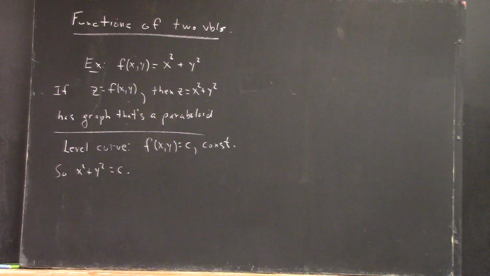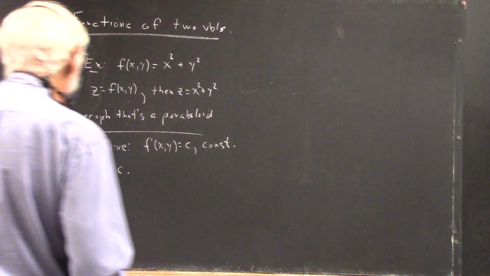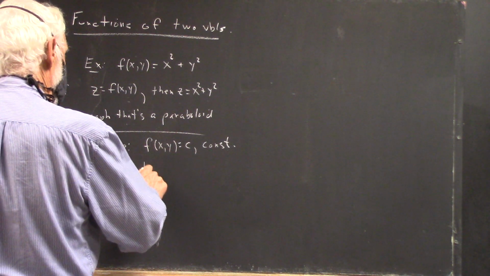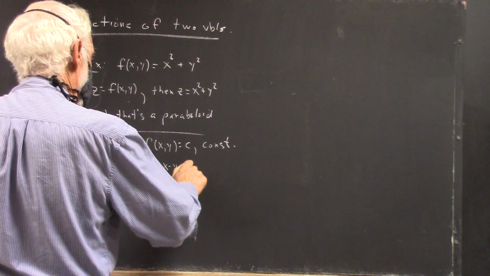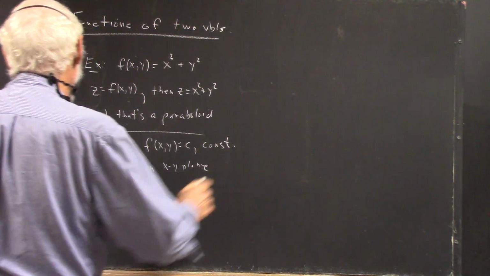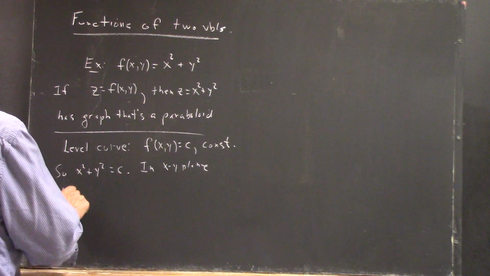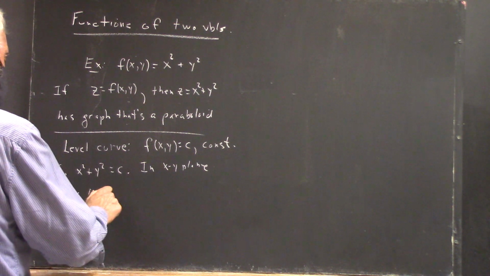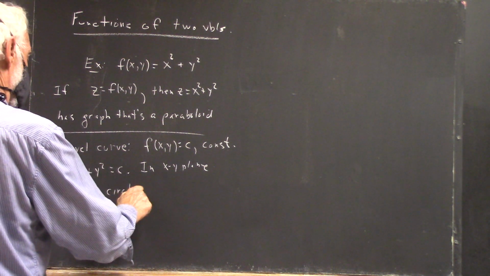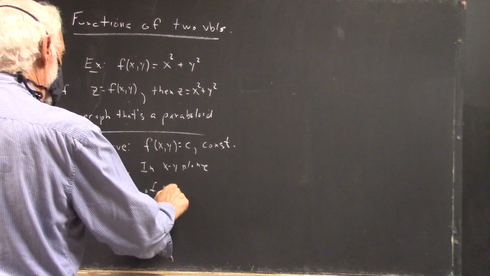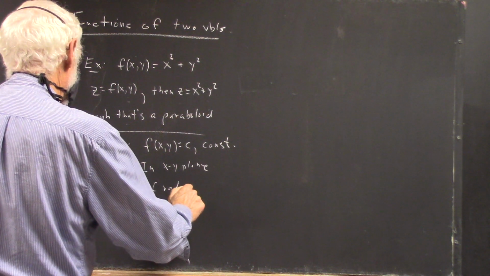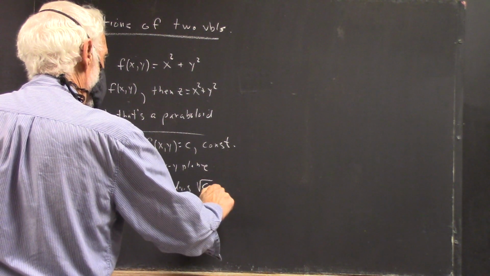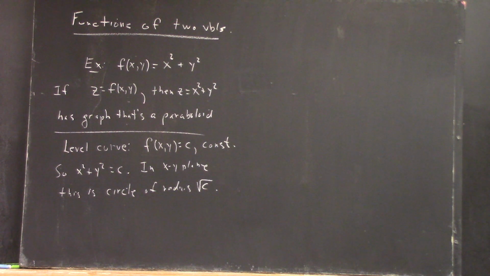So x squared plus y squared equals c. In the xy plane, this is a circle of radius square root of c.